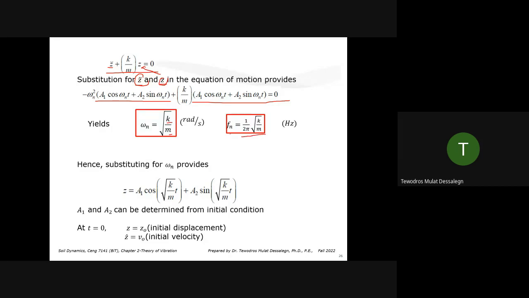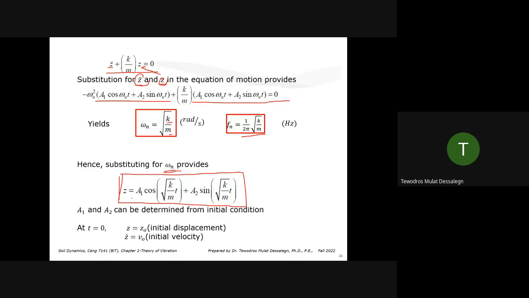If you know the natural frequency, then the period is just 1 over fn, so it would be 2 pi times the square root of m by k. Hence, substituting omega n, the circular frequency, you can simplify the equation with these terms.